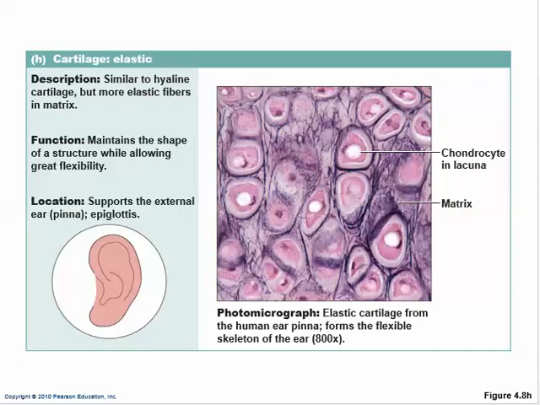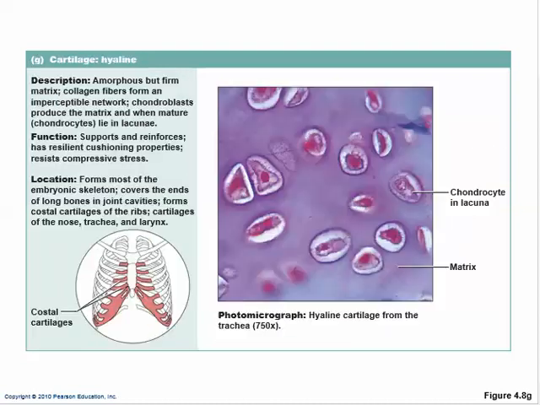Elastic cartilage has fibers in it. There are still the chondrocytes, and you'll see that each chondrocyte in both of these, and actually all three of them, lives in a little lagoon. It's called a lacuna, an area that is filled with interstitial fluid that nourishes the cell and doesn't have very much matrix in it.